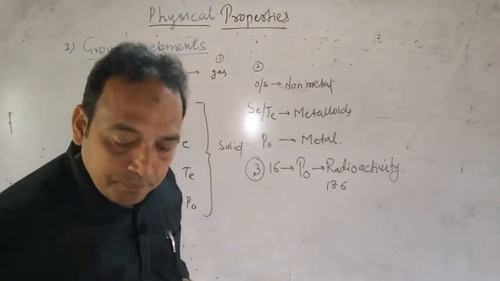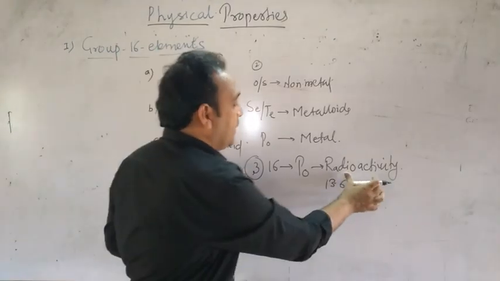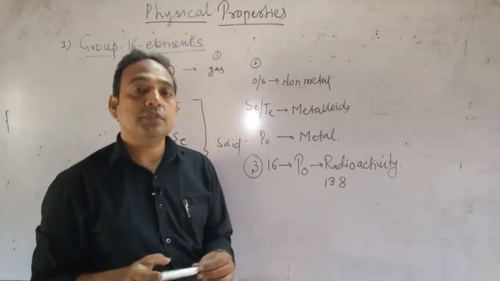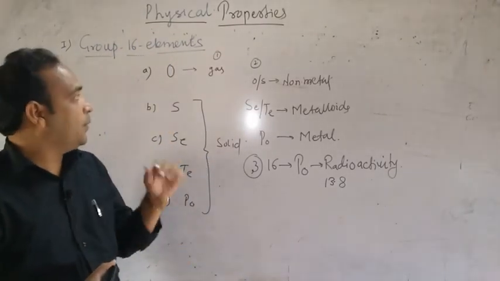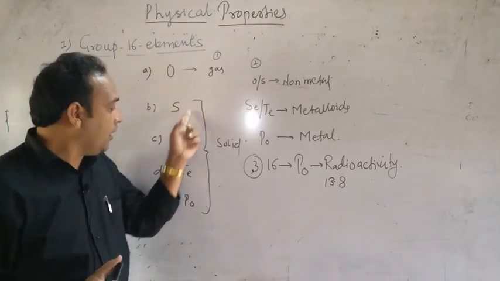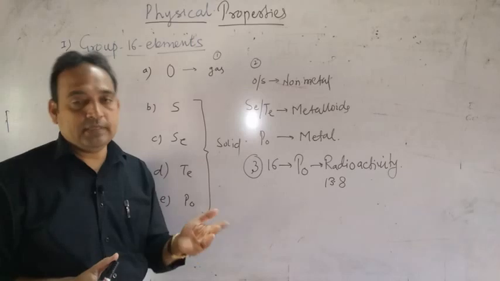So these are the physical properties of group 16 elements. What are they? First point, oxygen is a gas. All other members of the group are solid at room temperature. What was the second property?